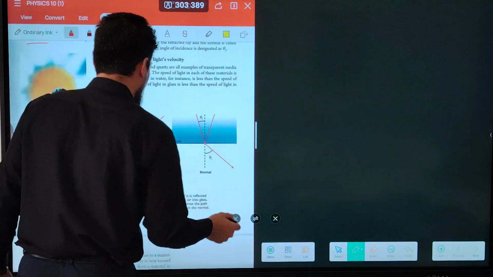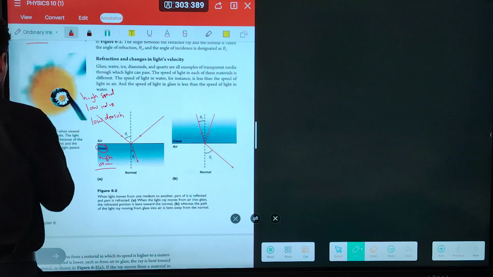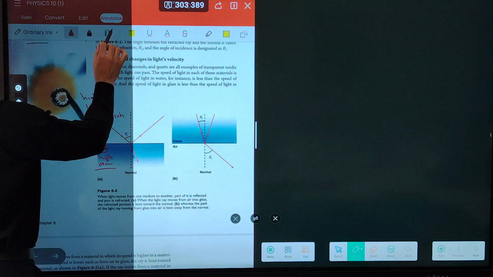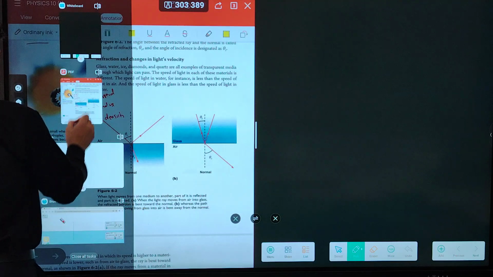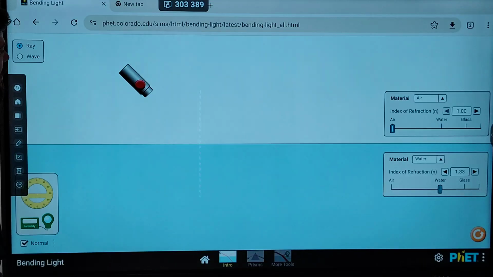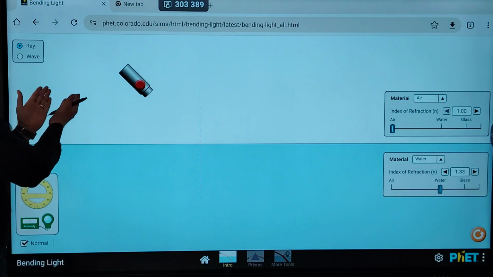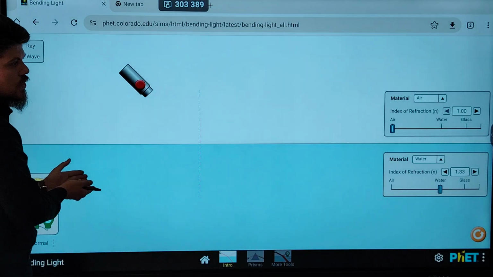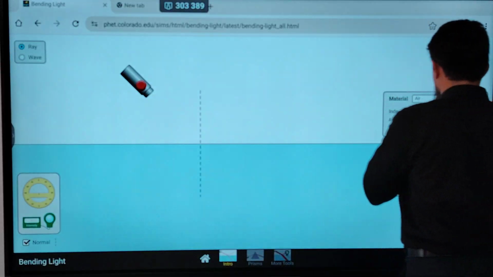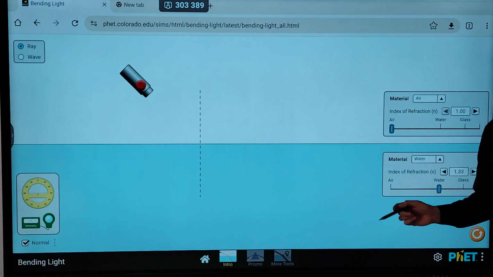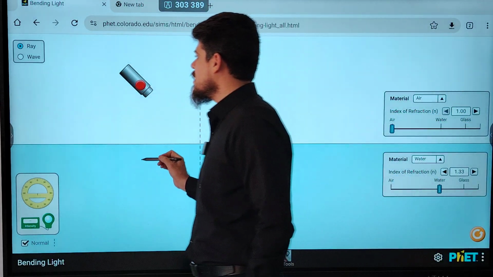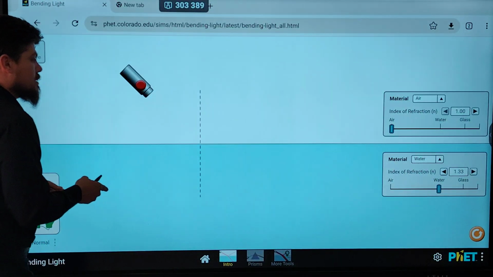But before explaining the types of bending, I would like to show you this simulation. In a PhET simulation, look at this experiment. Guys, look, in this case, how many mediums do you have? Two. The first medium is air, and the second medium is water. These two substances have different density. Which one is denser? Absolutely, the water is denser.